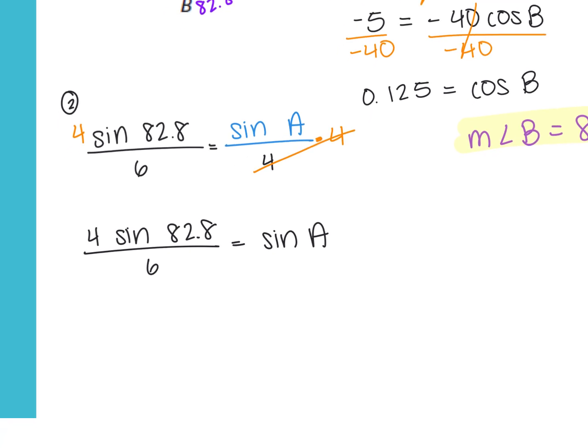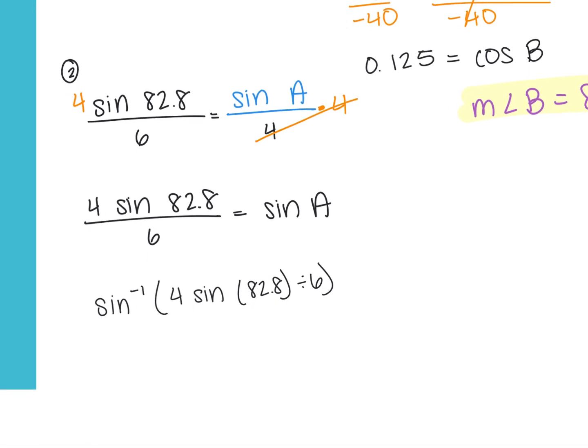So in my calculator, I'm going to have the inverse of sine, 4 sine, open parentheses, 82.8, close parentheses, divided by 6. Go ahead and plug that into your calculator. What are you going to get rounded to the nearest tenth? Good, 41.4 degrees.